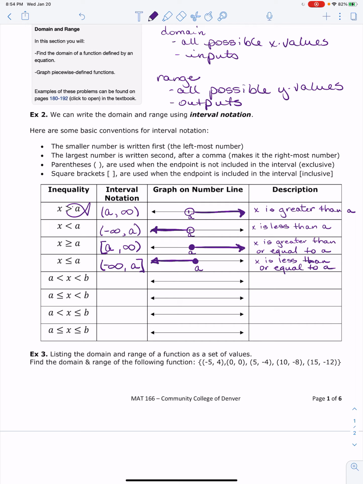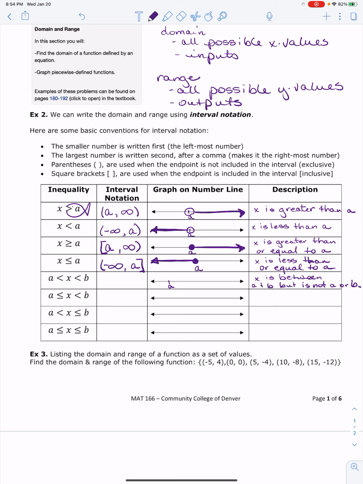Next one, a is less than x is less than b. So x is between a and b, but is not equal to a or b.